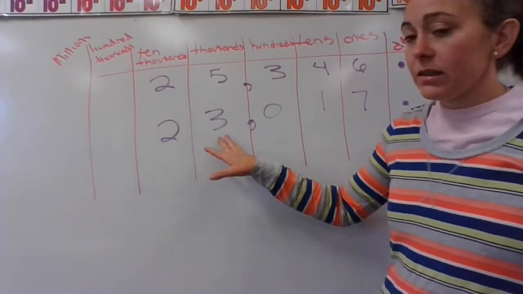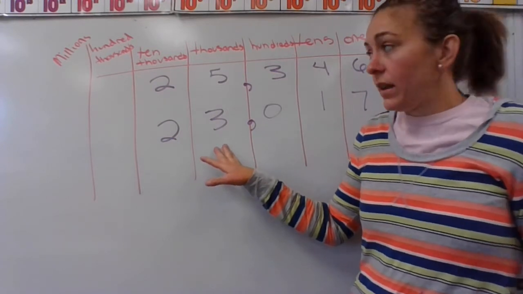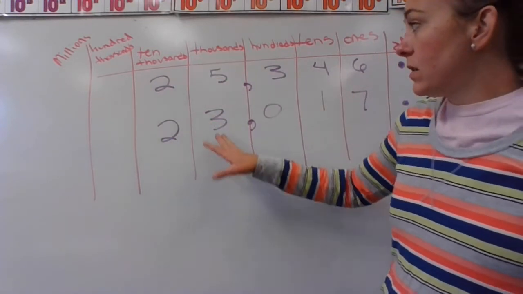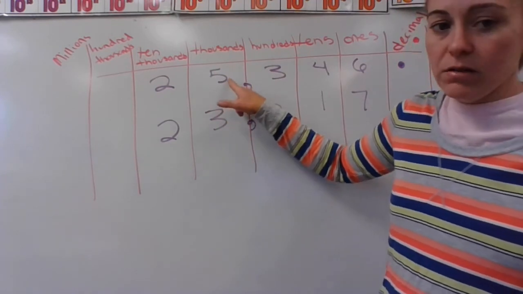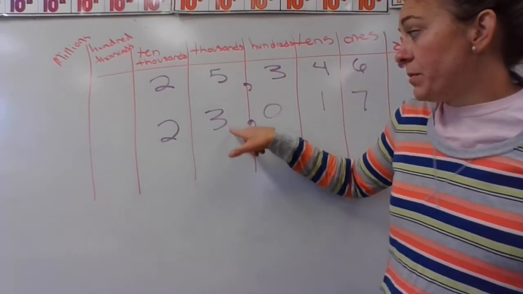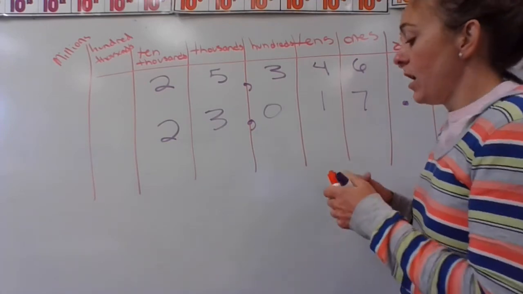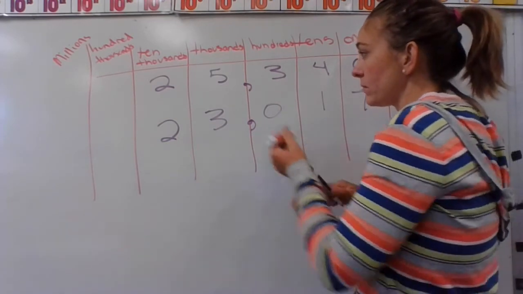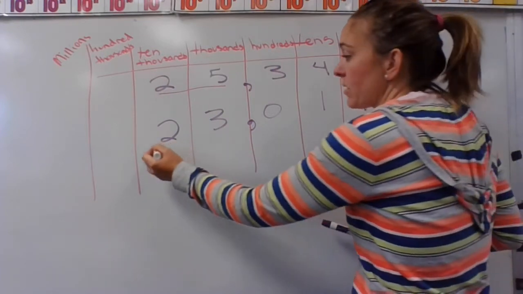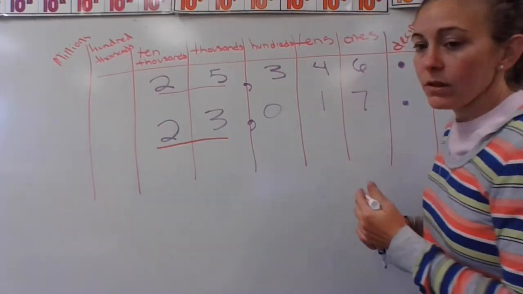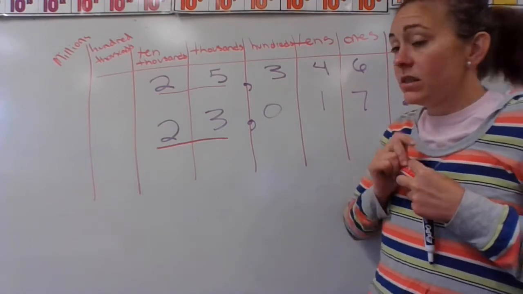We need to go to the next smallest place value and then look at that. So now I'm looking in the thousands place. I'm thinking, okay, so I've got a 3,000 versus 5,000. Well, 5 is bigger than 3, which means that 25 must be bigger than 23, right? I'm looking at both of those now. So I can tell that way. And then I can keep going.